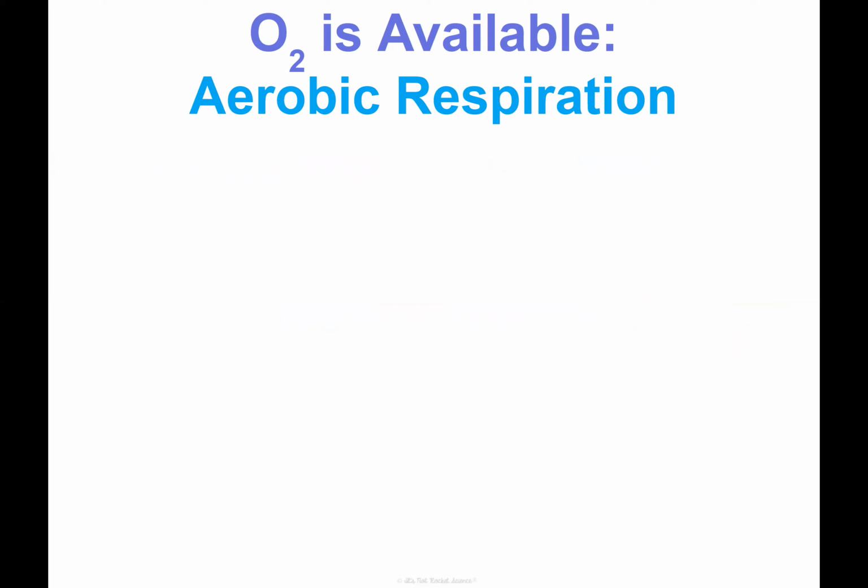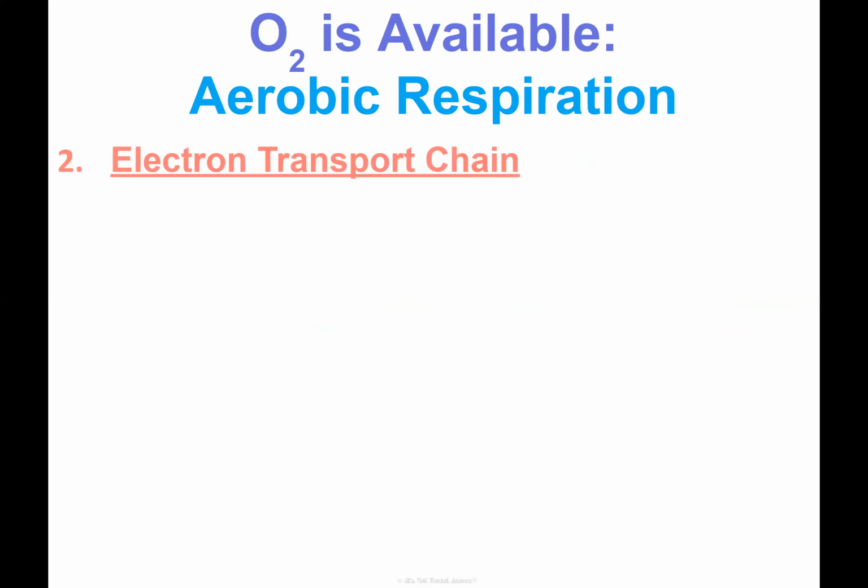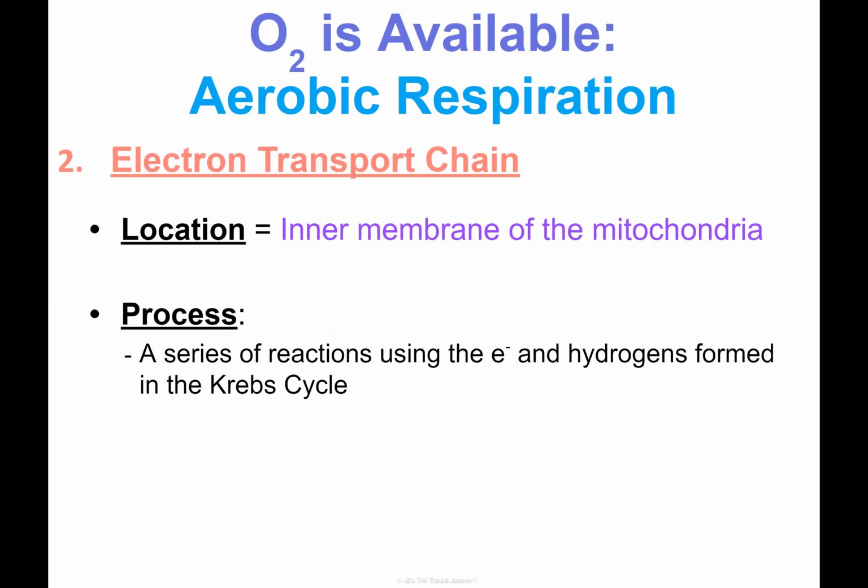The other step of aerobic respiration is called the electron transport chain, okay? We also saw the electron transport chain in photosynthesis, okay? The location of this is going to be the inner membrane of the mitochondria. So that was that purple space you saw in your diagram. And this is going to be a series of reactions that are going to be using electrons and hydrogens that are formed during the Krebs cycle.